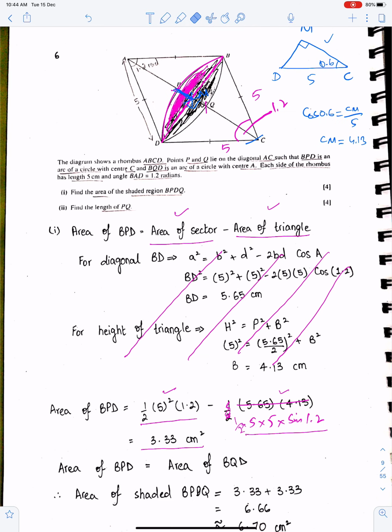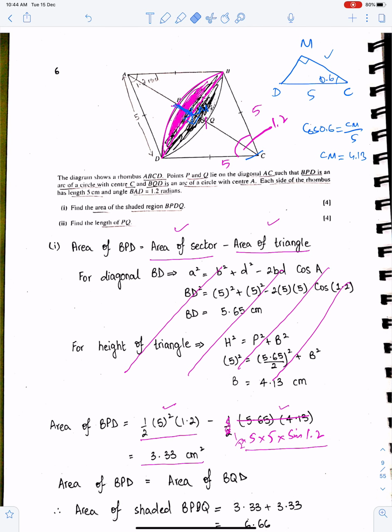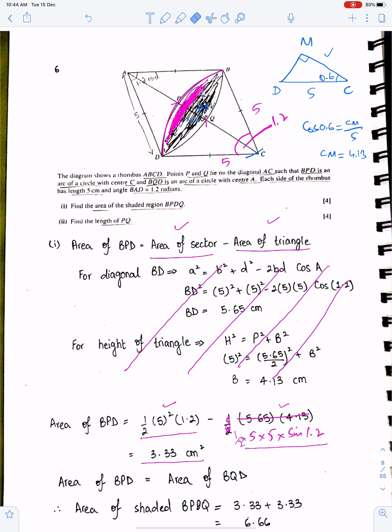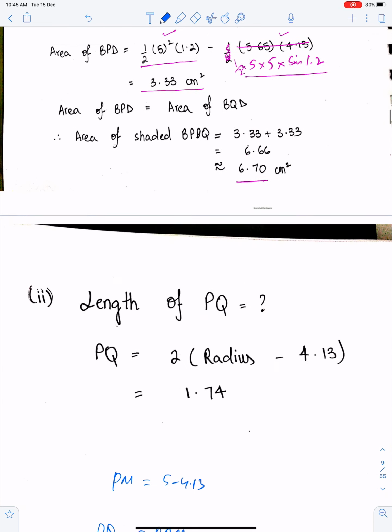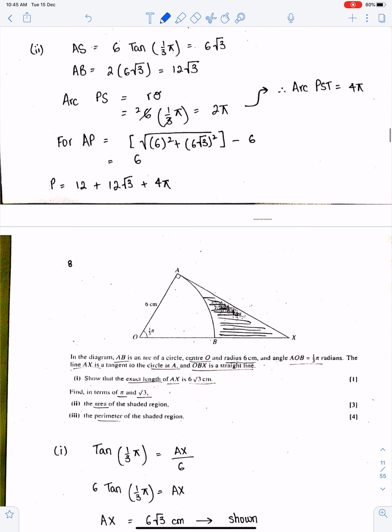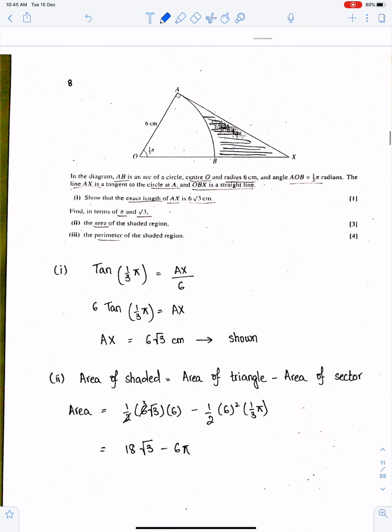So this is the concept. This point is M. This is the right angle triangle.